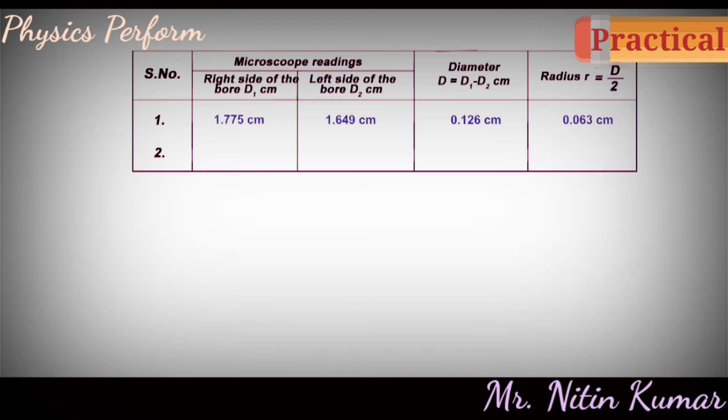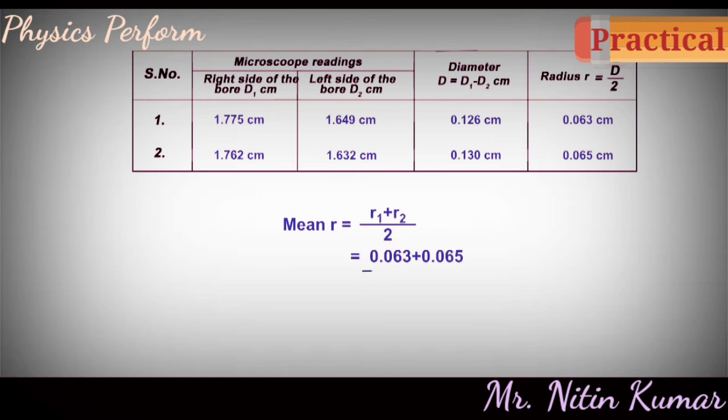Similarly, the values for the second readings are: mean r is equal to r1 plus r2 by 2, that is 0.063 plus 0.065 by 2. Therefore, mean r is equal to 0.064 centimeters.